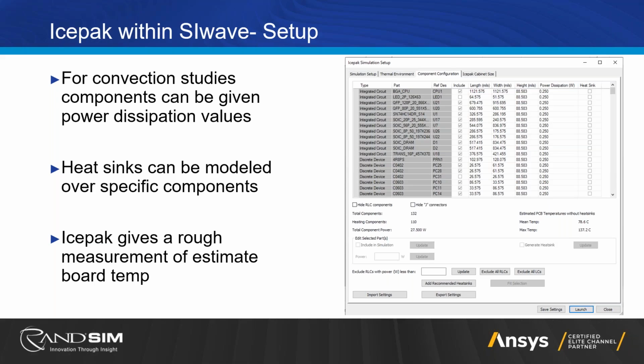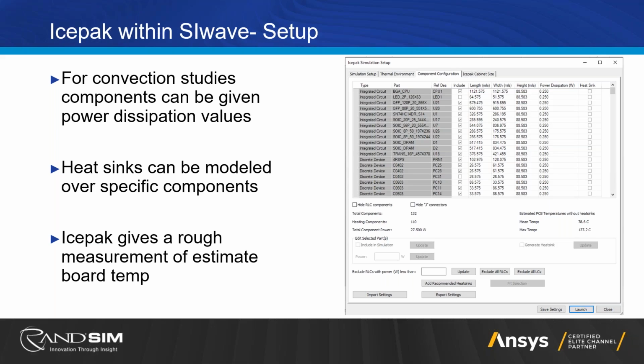So this is an added benefit for those users that are looking for not only via, trace and plane thermal, but also thermal on the components themselves. So if you have a known efficiency for your components, you can go in and set those power dissipation values.